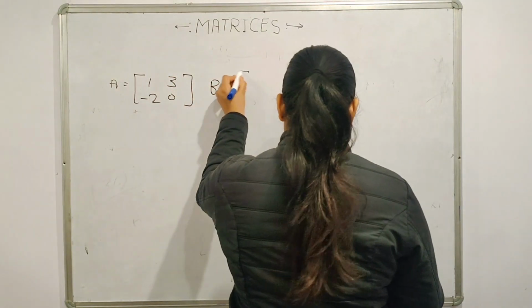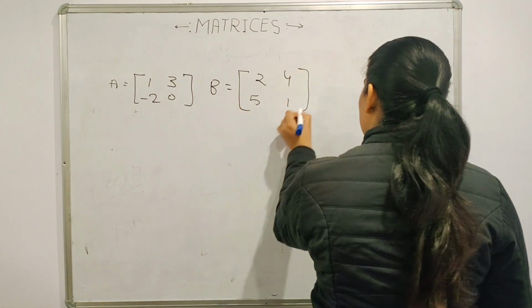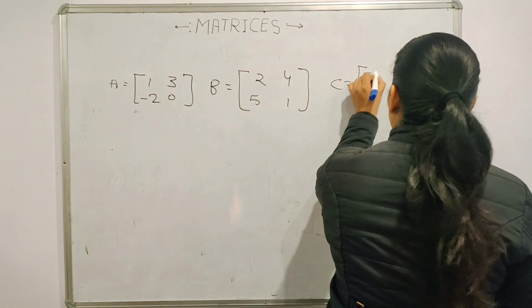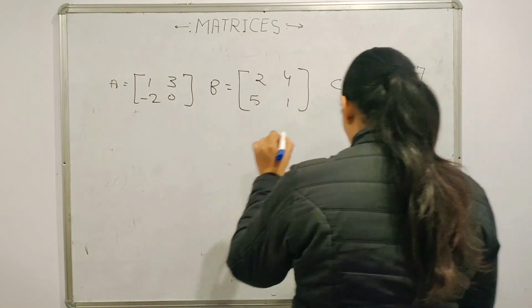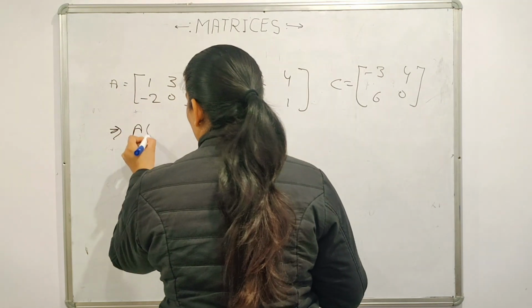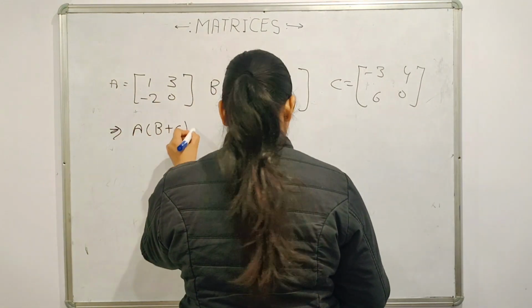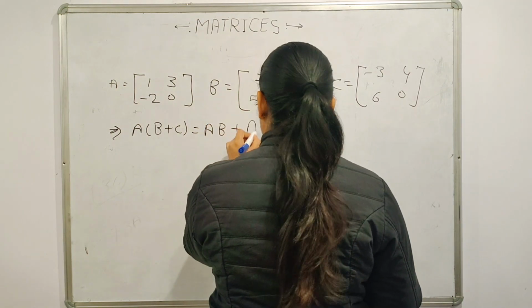B is equal to 2, 4, 5, 1, and C is equal to minus 3, 4 and 6, 0. In the second part, I have to prove that A into B plus C is equal to AB plus AC.